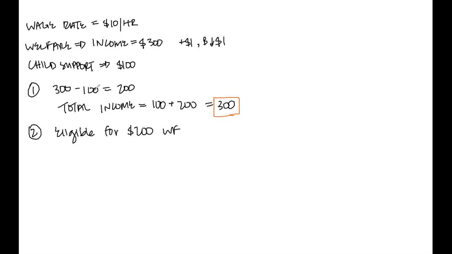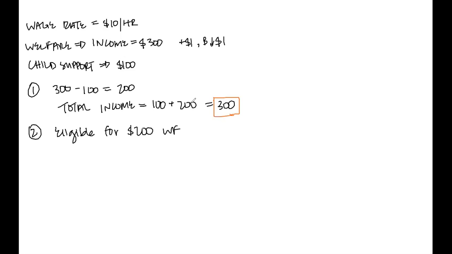Since she's already making $100 from child support, she's eligible for $200 of welfare. So this is asking how many hours may she work before she no longer qualifies for welfare. So we know that with every dollar she receives, benefits are reduced by $1.